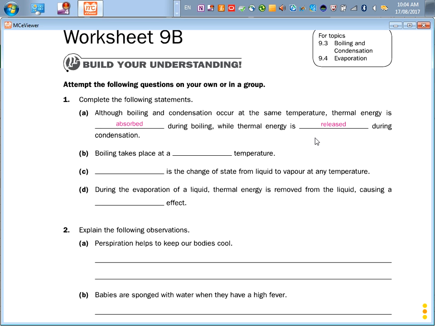So this is how I try to help myself to remember. When I break the bonds, it will have to absorb energy. So the opposite must be true. When I want to form bonds, I will release energy. Okay? Just use whatever method, whatever analogy that helps you remember this.